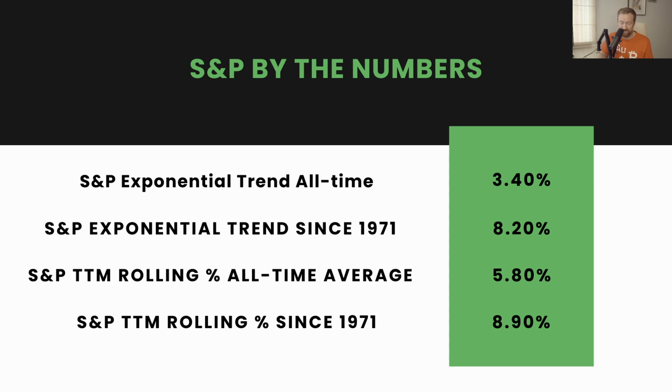Now, this is the market, this is stocks, this is timing. None of these numbers are going to be scientifically the correct number, but you can start to understand what the returns have been historically all time. And since we've gone off gold, started a pure fiat money standard, and had massive technology gains, those are the bottom two numbers. Okay, so again, just different ways to look at the same thing.